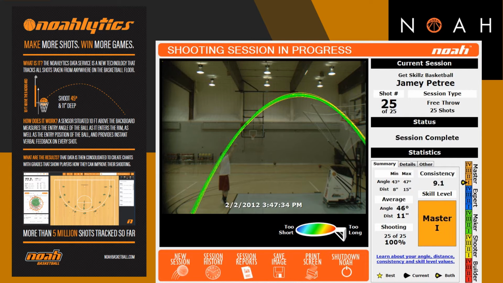And ideally you want to shoot the ball with 45 degrees for the approaching angle and 11 inches deep into the basket. So this device will give you verbal feedback after you shoot the ball every single time, and it will tell you what your approaching angle is and if it's too high or too low.